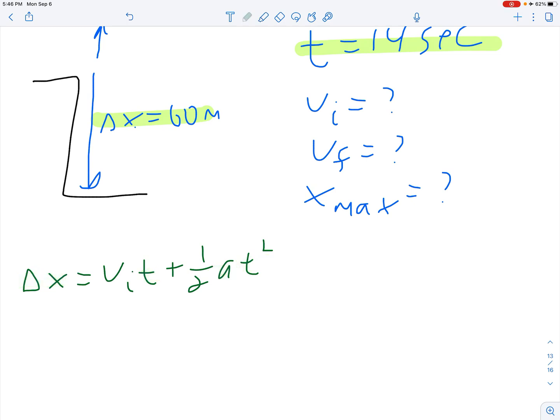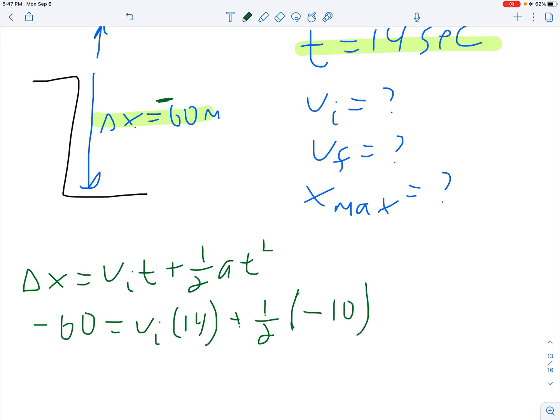So let's do it. So my VI. I would have negative 60 because it's going down, equals VI times t, plus 1/2 negative 10 t squared.